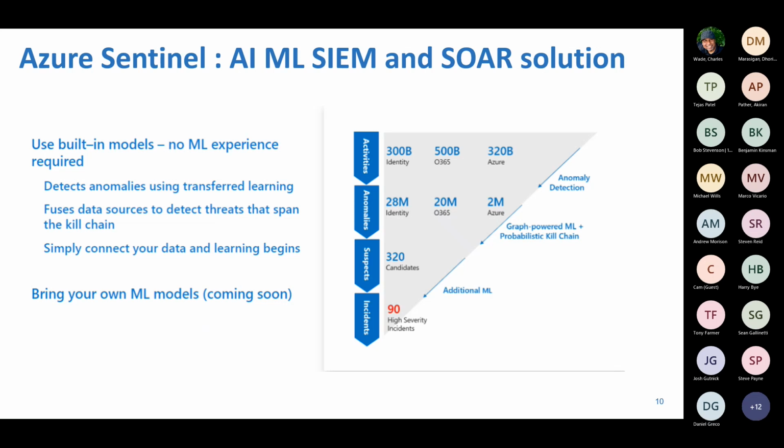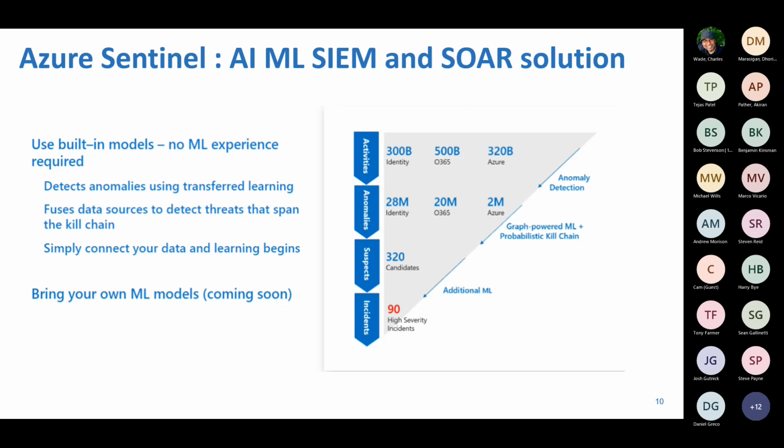Quickly going through the slides, like I said, Azure Sentinel is an AI ML based solution. So in this graph on the right hand side, you would see that though you may get millions and millions of activities, it will help you refine the activities and give you priority based incidents, right?